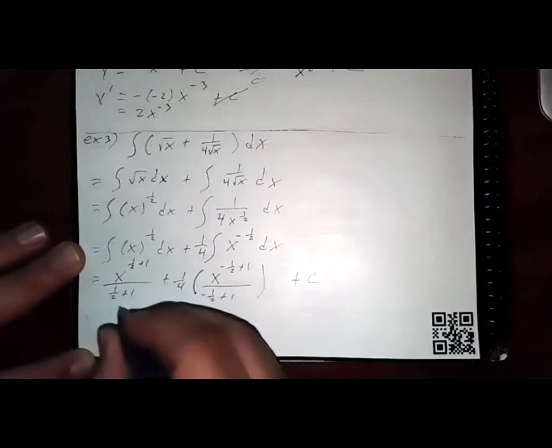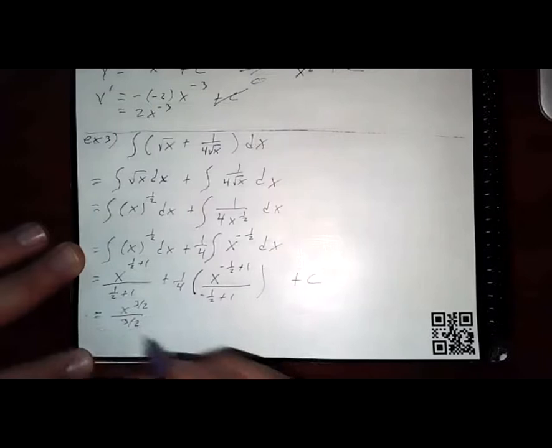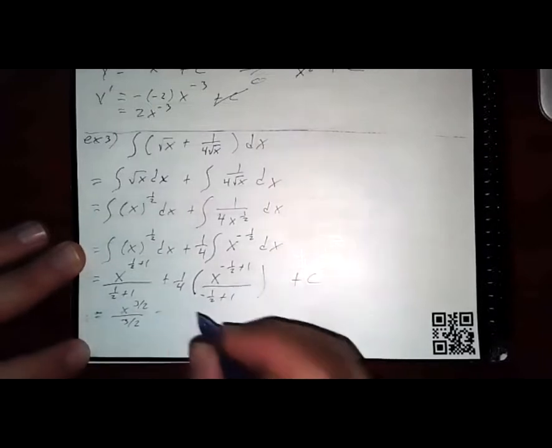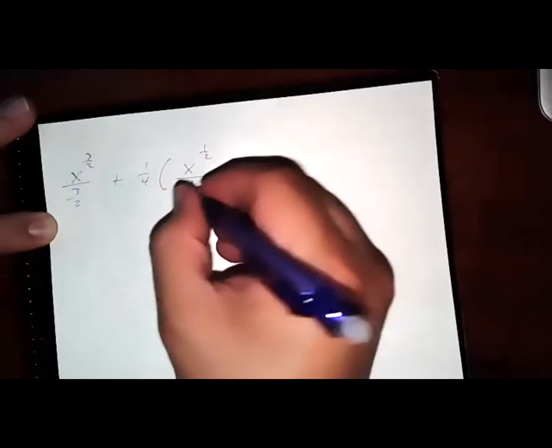So this will become x to the 3/2 over 3/2 plus 1/4 times x to the 1/2 over 1/2 plus c.